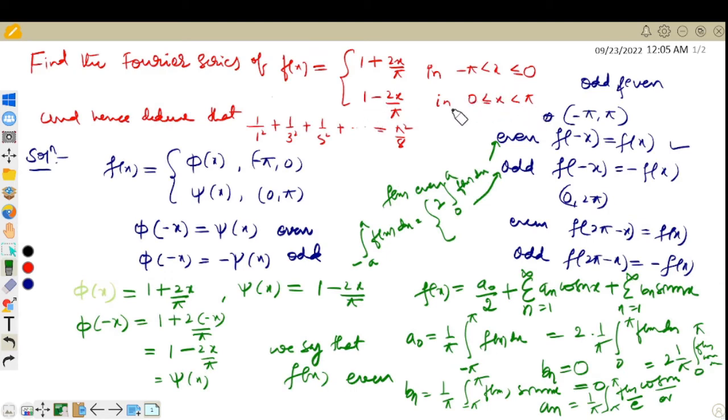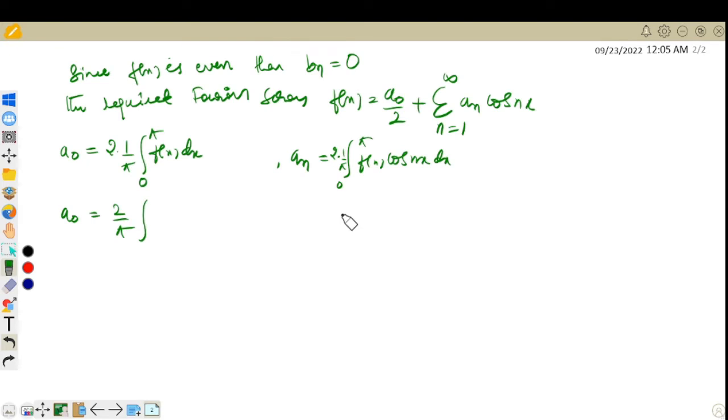Between 0 to pi, its value is 1 minus 2x by pi, into dx. Let me calculate this value.